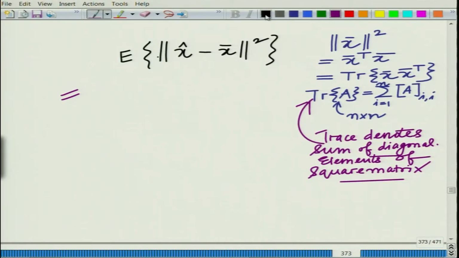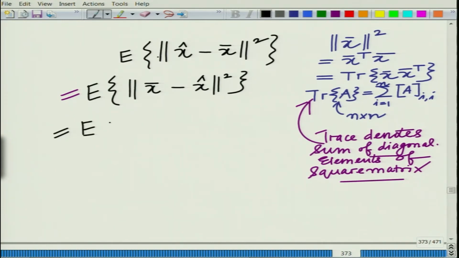Alright. And therefore, I can write this as expected value of, let me first write x bar minus x hat norm square, and now substitute the expression for x hat. Remember, it is a linear estimator.